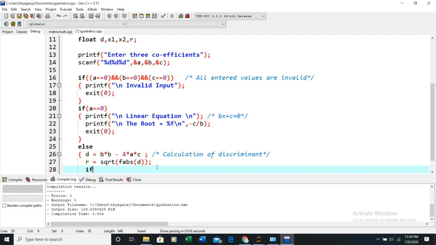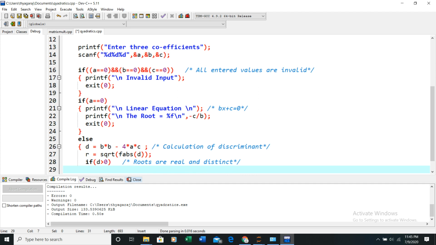absolute value. Therefore, if d, that means the discriminant value, is greater than 0, that means we have three cases here. If it is greater than 0, the roots are real and distinct. Then what are those roots?